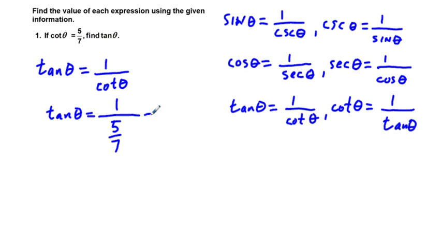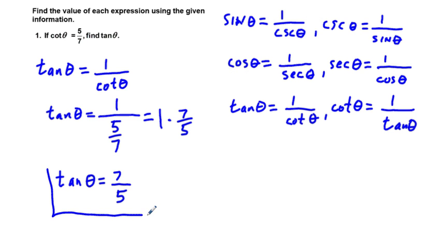Dividing by a fraction is the same as multiplying by its reciprocal, so we multiply by 7/5. Tangent theta is equal to 7/5, which is just the reciprocal of the cotangent we're given.